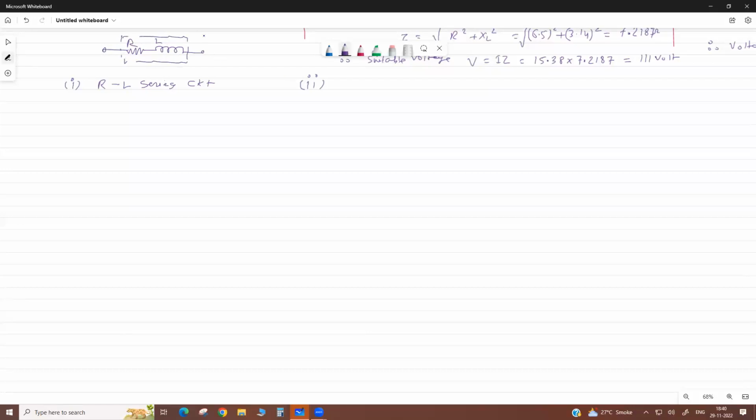Now if we connect R and C in series, it is known as an RC series circuit. There is a third, RLC series circuit.